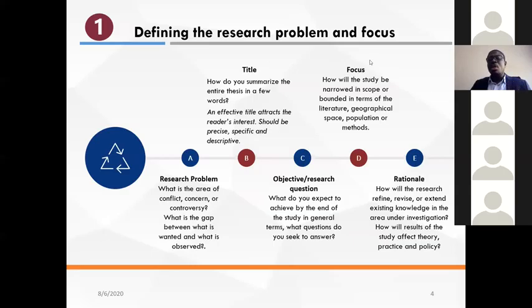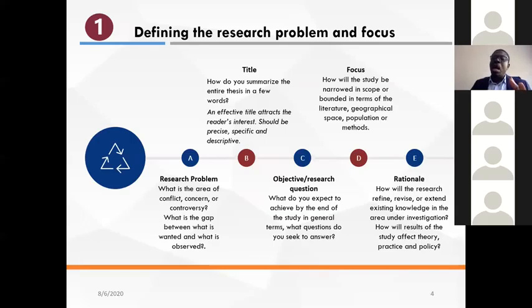Now, because in research, and more especially for PhD work, you cannot do everything. You need to have a focus. And so you have to clearly delineate the focus of your study. You have to narrow the study down so that you can accomplish it within the 3 or 4 years.